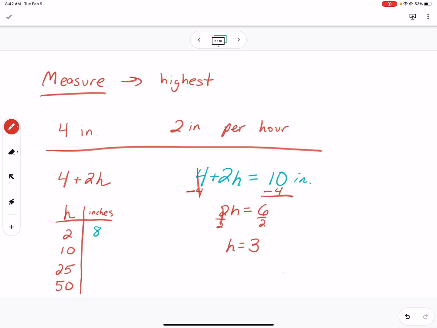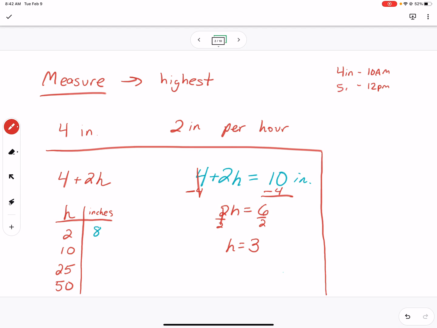Okay, 3 hours, 2 inches per hour. Now what I'm wanting you to do is, in our case, you could go outside, let's say every couple hours. If you go outside and there are 4 inches, let's say you go out at 10 a.m., and then you go out at 12, which is noon.